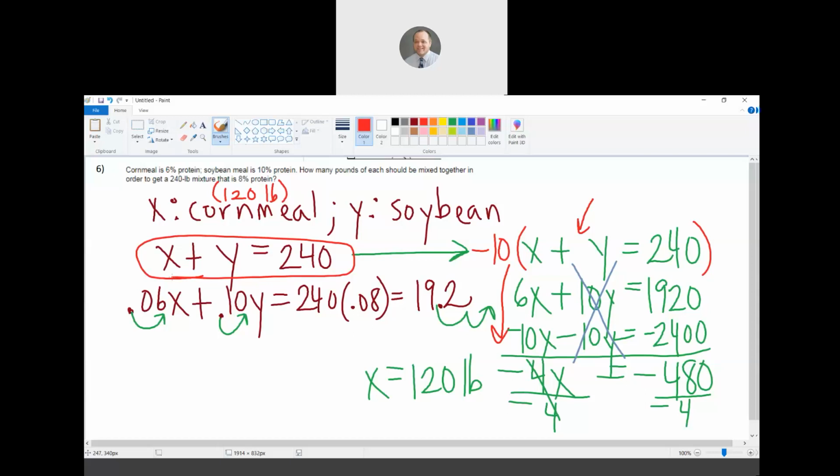So we need 120 pounds of the soybean meal to get our desired mixture. The next question is a rate problem.